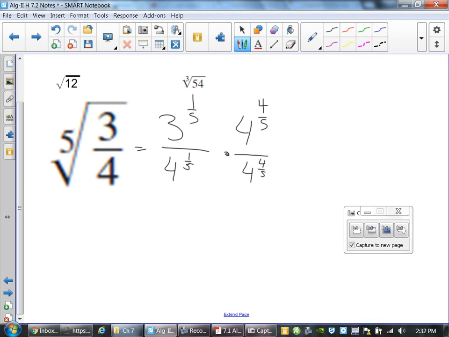I'm good in the denominator now. The top, go back to your nth roots. I get the 5th root of 3 times the 5th root of 4 to the 4.